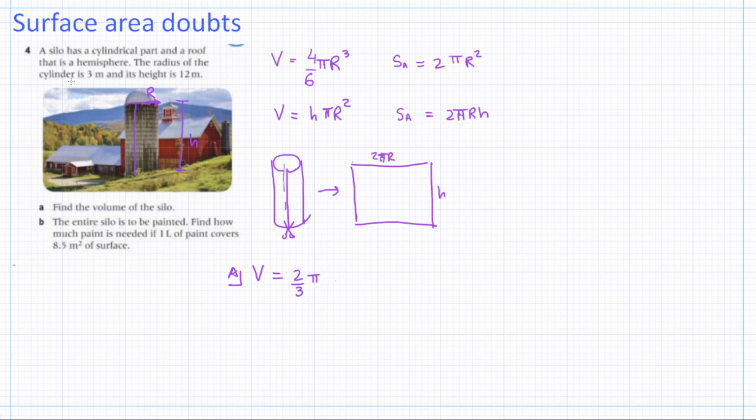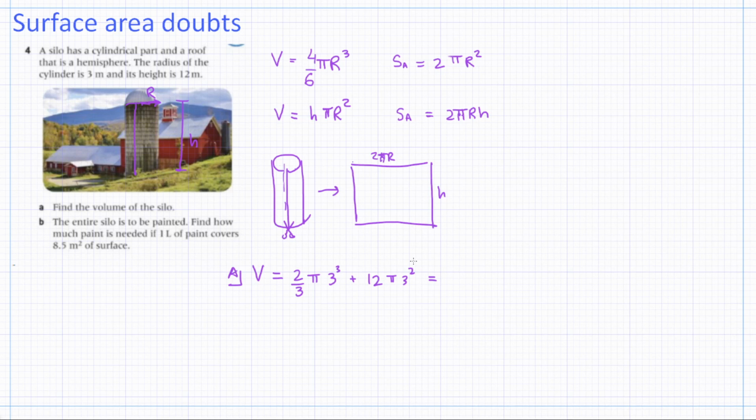R is 3 meters. So 3 to the power 3 plus the volume of the cylinder. So the height is 12 meters. I'm omitting here the units, but since everything is in meters, our result will be meters. So 12 times pi times the radius squared.